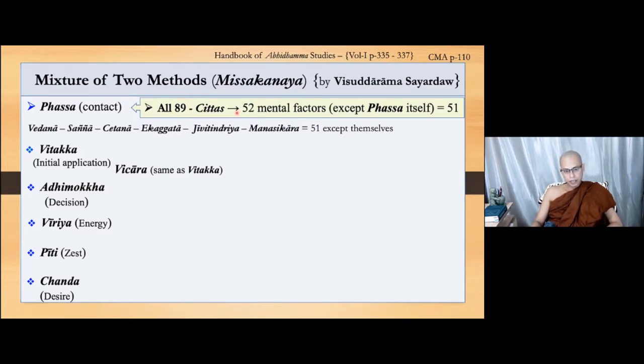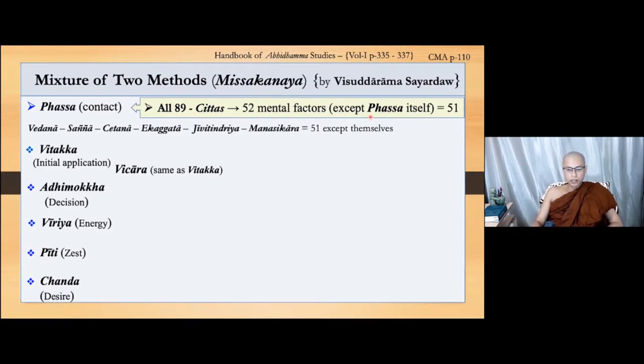The 89 consciousnesses can arise with 52 mental factors. In this way, we can find the chain of the ultimate reality. Phassa can arise with 89 consciousnesses, but with the other 51 mental factors, because Phassa cannot arise with itself.